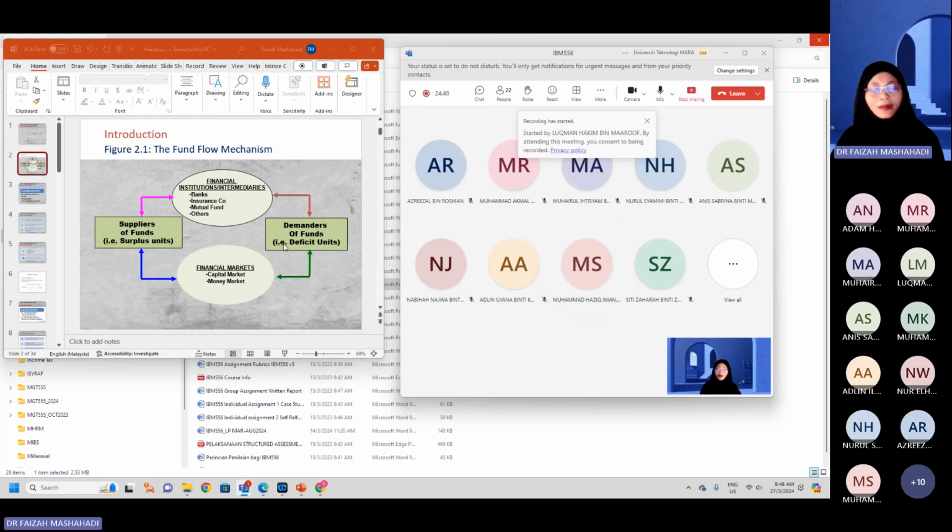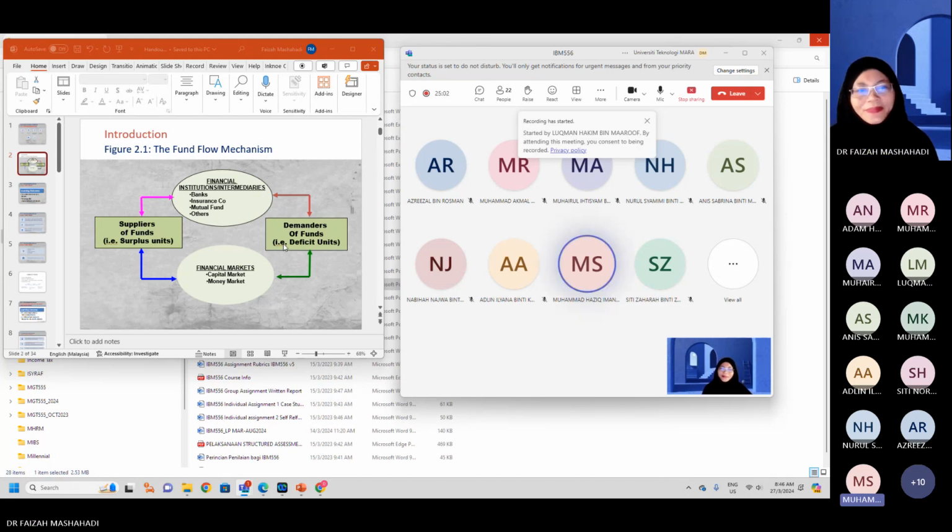What is the thing that you are not sure about? Sorry, I don't understand the question. We have the deficit unit who demands 1 million ringgit Malaysia. Is it possible for the deficit unit to target a specific surplus unit to purchase that 1 million ringgit Malaysia of bonds?